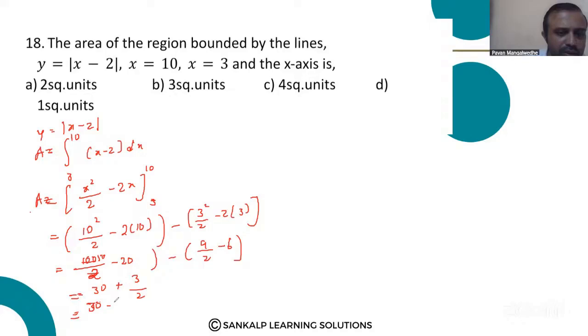So it will become plus 1 by 3 by 2, which means 1.5. That is 31.5. 31.5 is not the answer here.